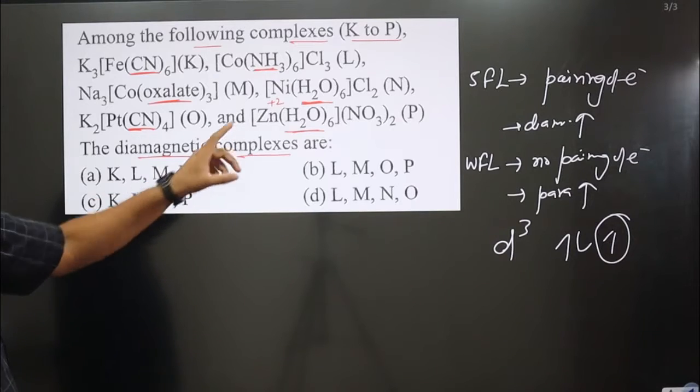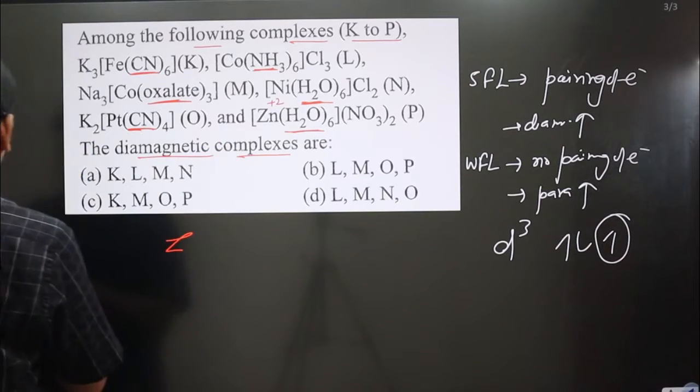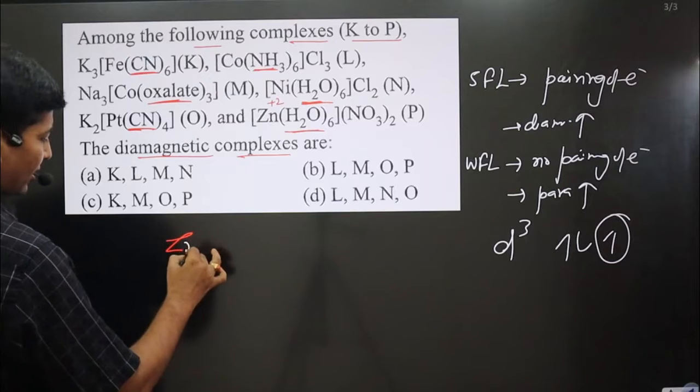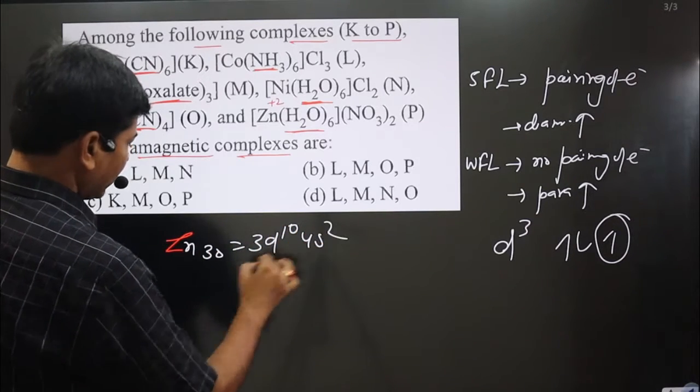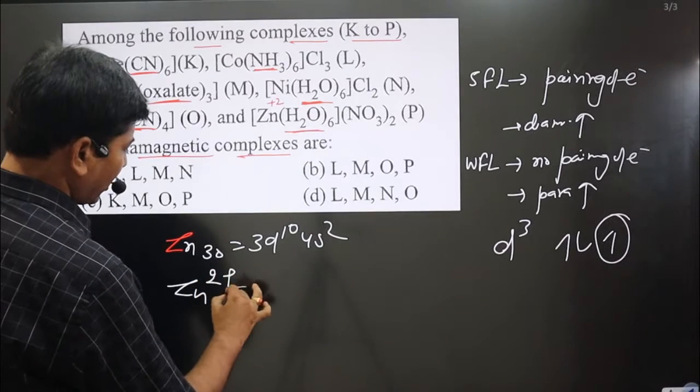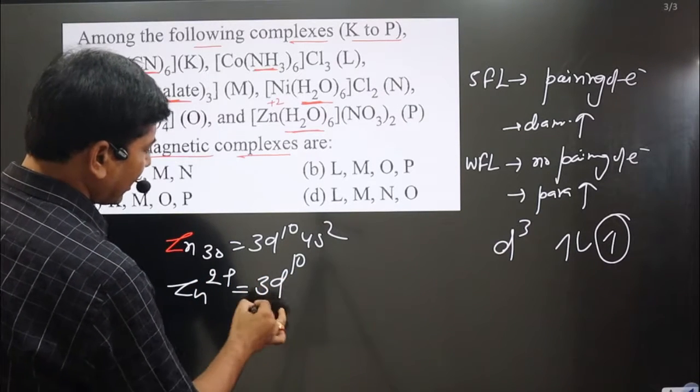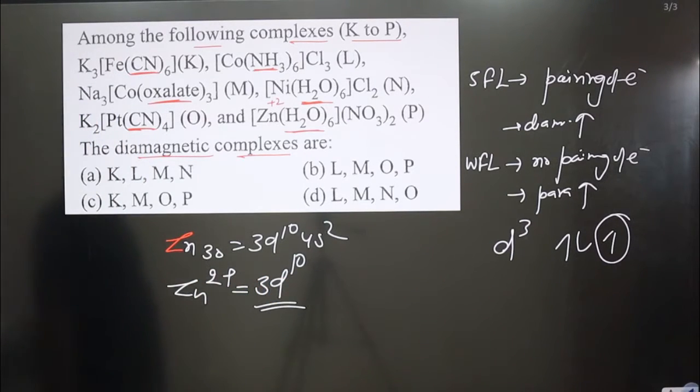If you write the outermost electronic configuration for zinc, atomic number 30, it is 3d10 4s2. Zn has a plus 2 charge, so the outermost configuration is 3d10. The d orbital is completely filled.